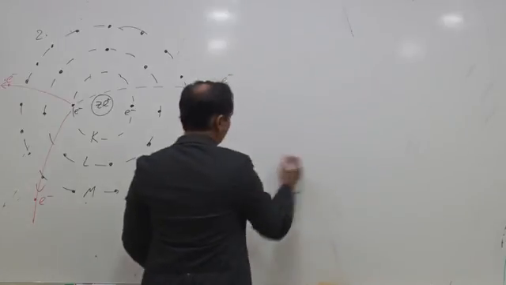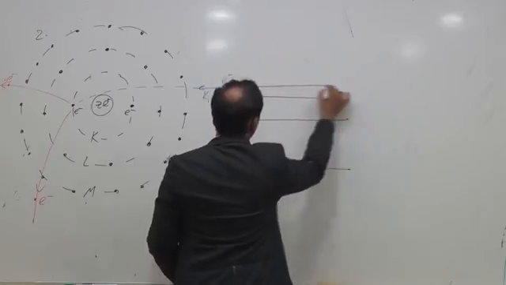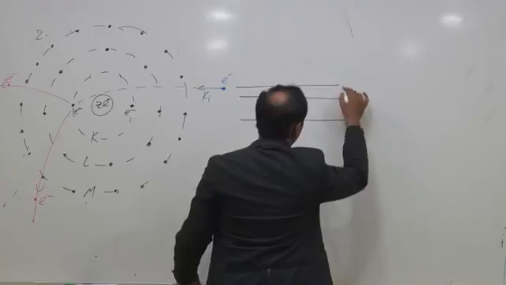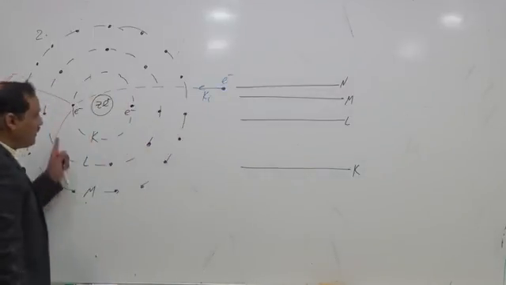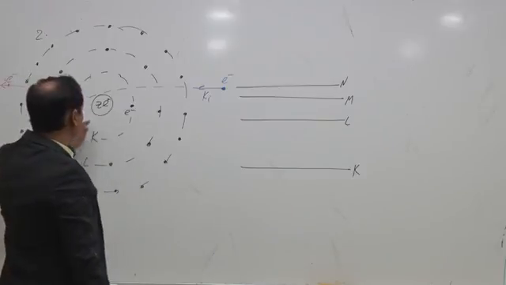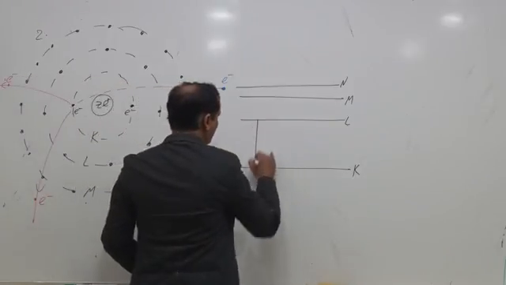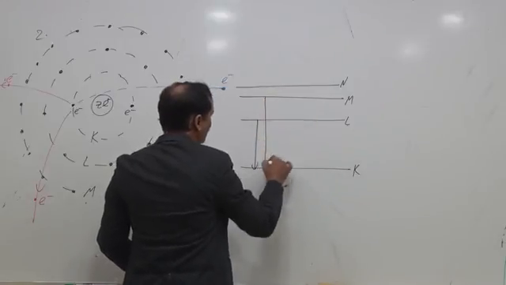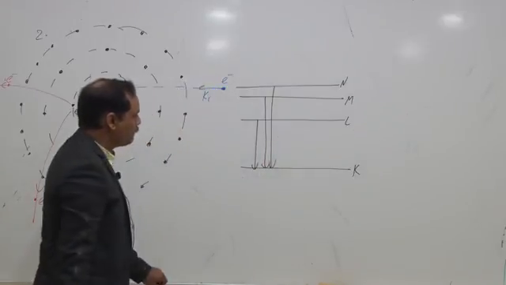So, how are different types of wavelengths emitted? Let us name the orbits K, L, M, N, etc. When a vacancy is created in the innermost orbit, that is in the K shell, then an electron from the L shell may jump to the K shell. If not, then M to K. If not, then from N to K, and so on.